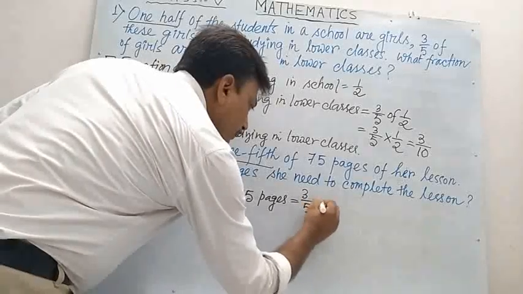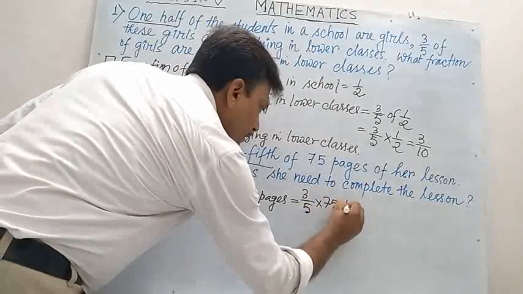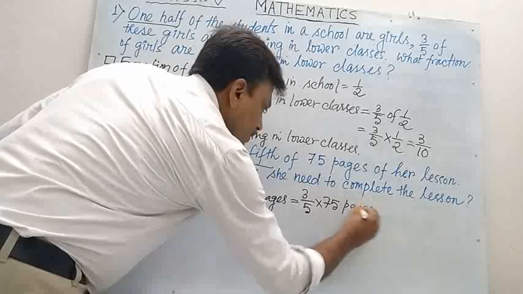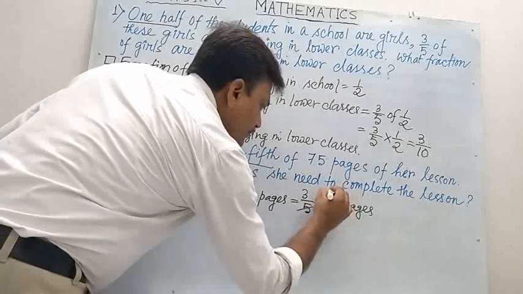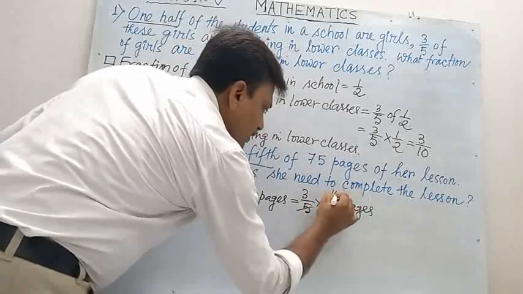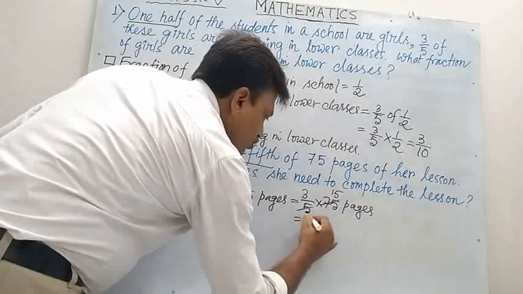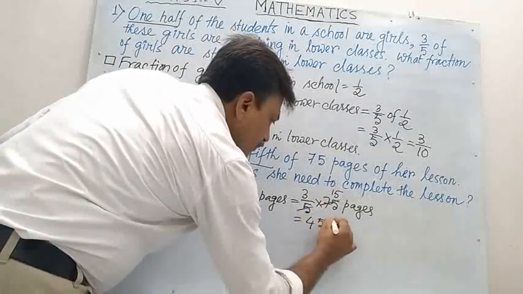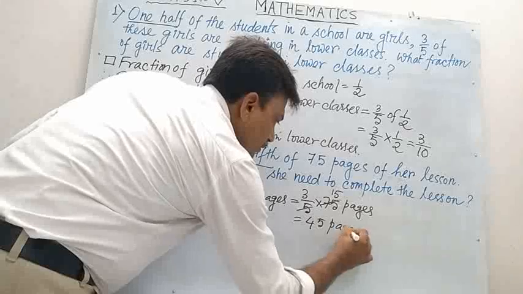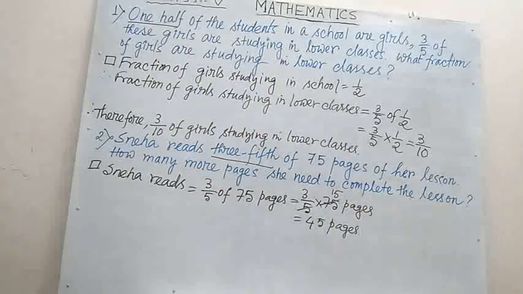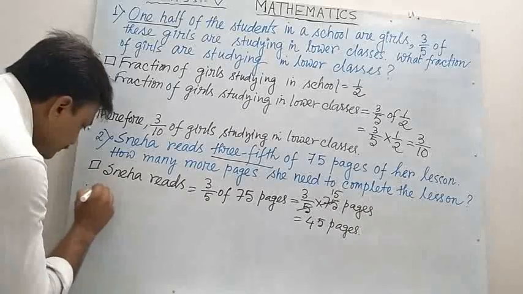So 3/5 into 75 pages. 5 and 75 cancel, you will get 15 here. So 3 into 15, that is 45 pages. So Sneha has read 45 pages.